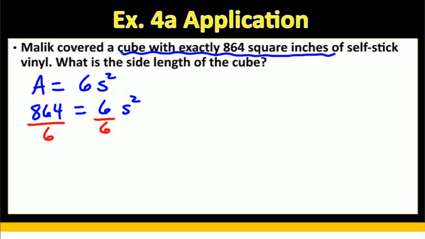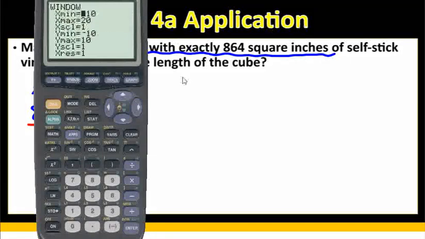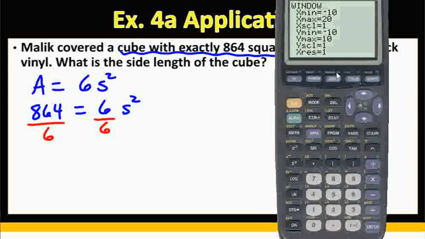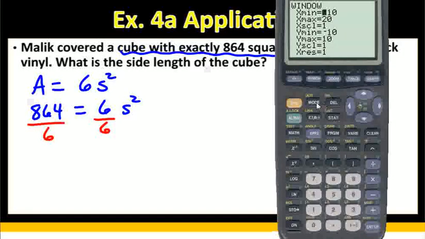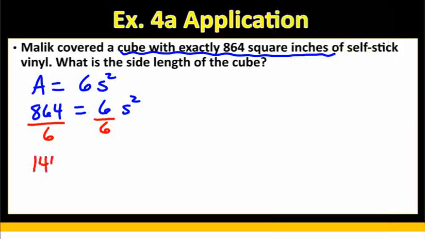So if I come back to my calculator and type that in there, 864 divided by 6 gives us an answer of 144 equals s squared.